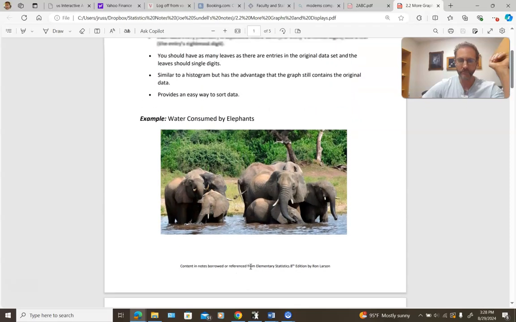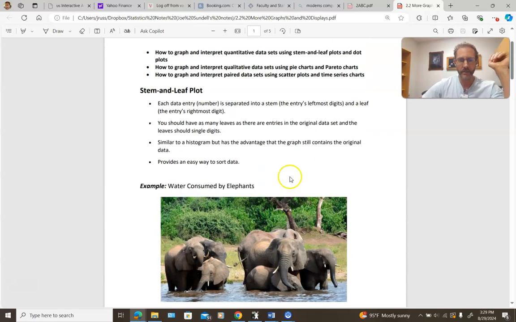To make a stem and leaf diagram, each data entry is separated into a stem, which is the entry's leftmost digit, or digits occasionally, and a leaf, which is the entry's rightmost digit. You should have as many leaves as there are entries in the original data set, and the leaves should be single digits.